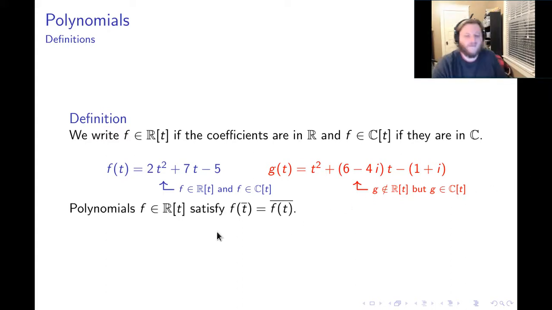One thing that is interesting about polynomials with real coefficients is that if we plug in a number and then conjugate, that's the same thing as plugging in the original number and then conjugating the entire polynomial. So f of the conjugate is the same thing as f of the number, all conjugated.